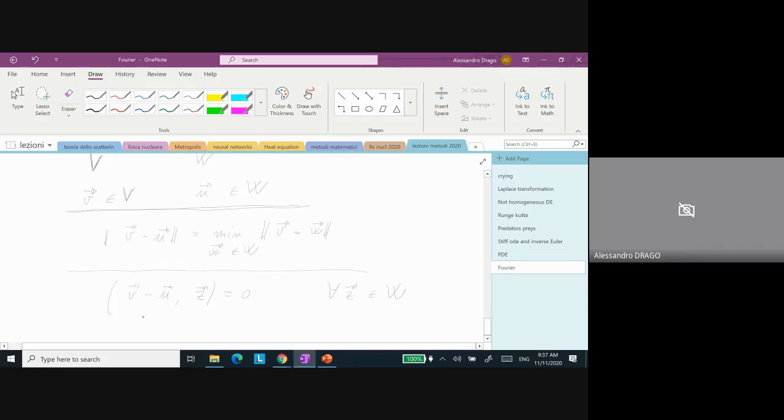So what I'm saying is that this second equation is equivalent to the previous one. To say that U is the best approximation to V within the subspace is equivalent to saying that the difference between V and U is orthogonal to whatever vector within the subspace.